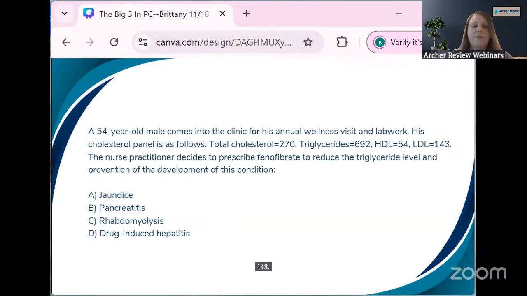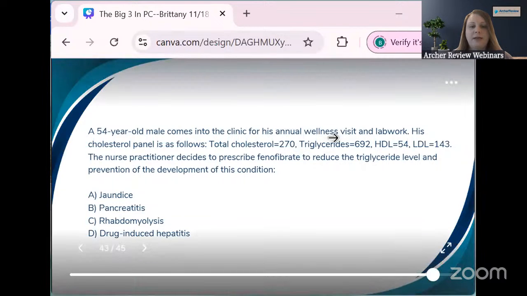You're going to prescribe fenofibrate to reduce the triglyceride level and prevent the development of which condition? So think about which one is grossly abnormal. Think about what you want to consider here. So I'm going to give you a hint. Pay close attention to the triglycerides.